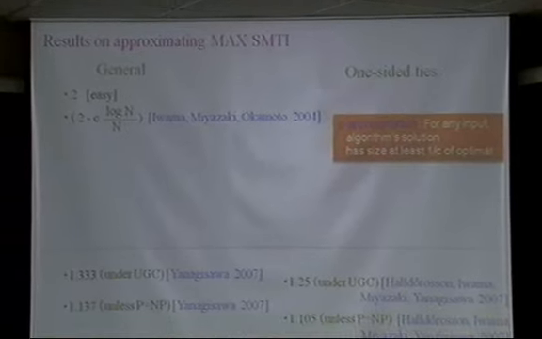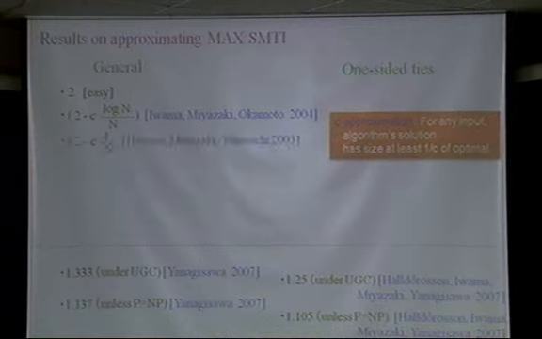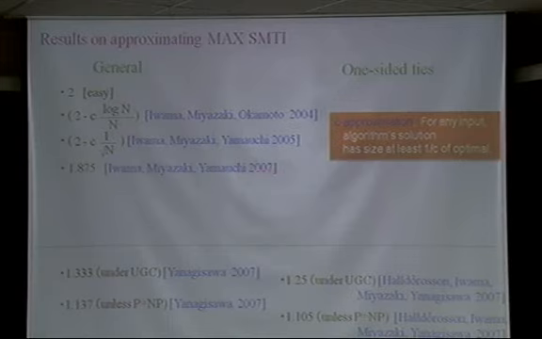It approaches 2 when n goes to infinity. And next, again, we slightly improved, but the progress was very small. And finally, in 2007, we got a ratio strictly better than 2.